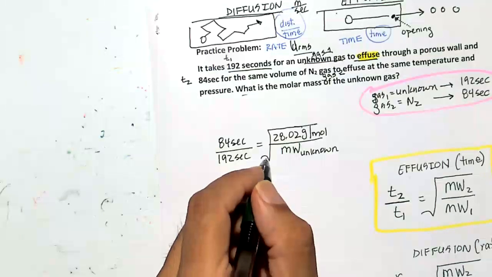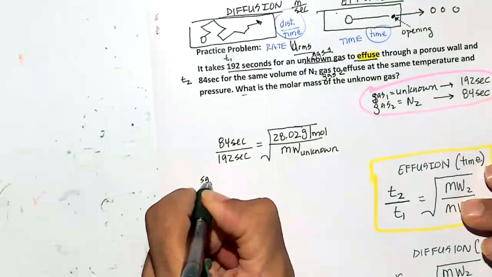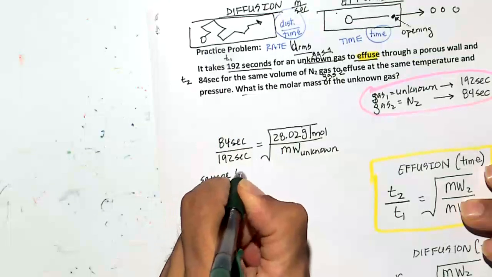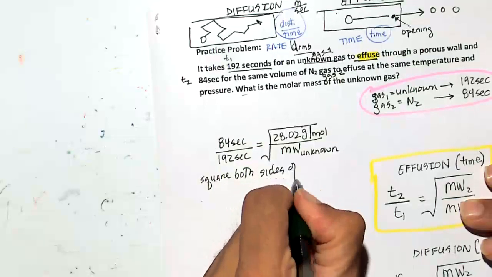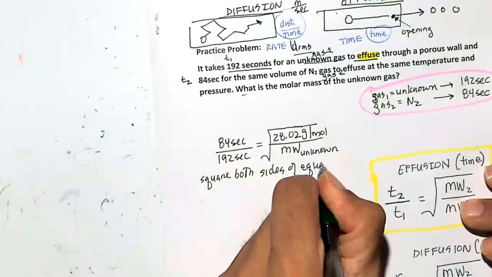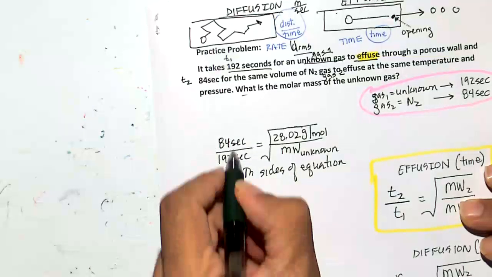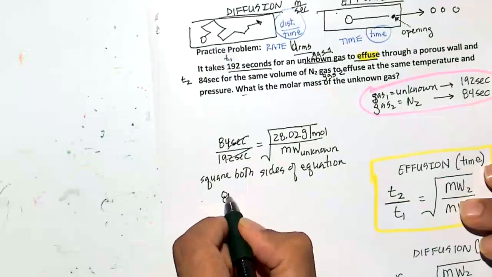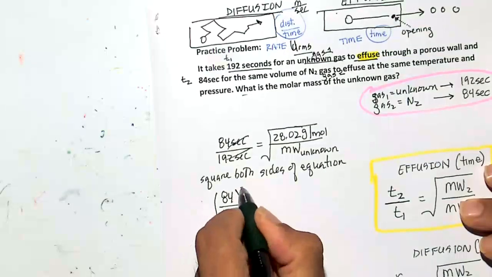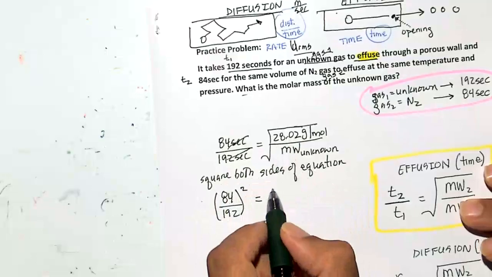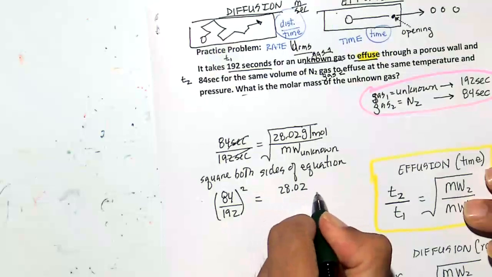All right, so to solve for the molecular weight of the unknown gas, we will square both sides of the equation. Oh, by the way, the seconds cancel. So 84 divided by 192, squared. If we square this, it removes the square root.